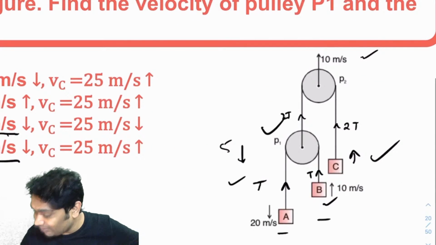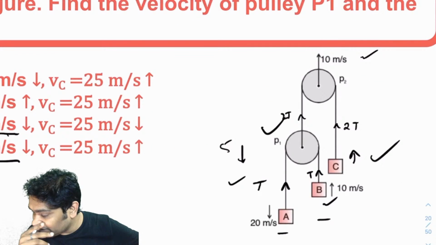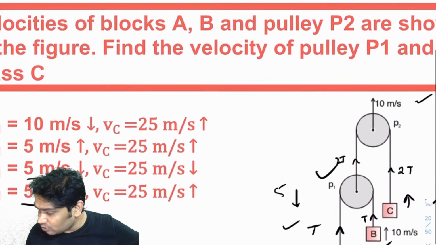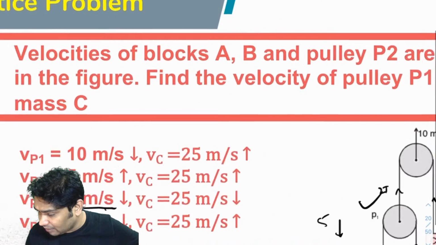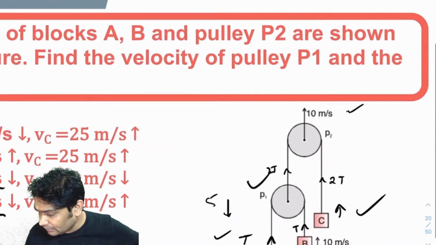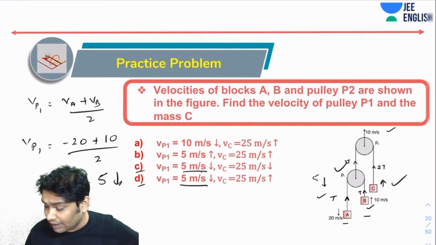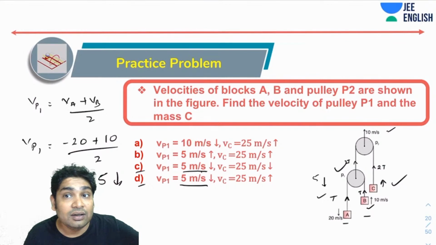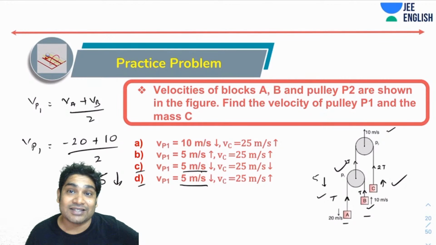So this would have been 2t, that would have been 2t. So pulleys are supposed to be massless or having mass, is it? I think virtual work is not working because I don't know if the pulleys are massless or not.